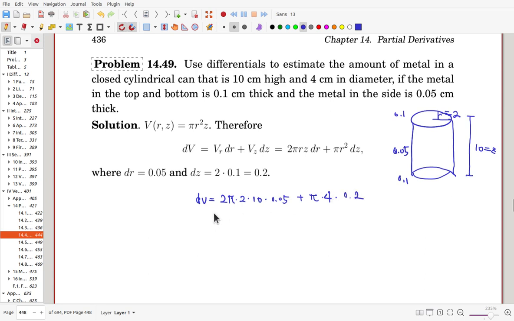Right? Okay. Now there's 1 over 20, so that cancels out. That portion is 2 pi plus 0.8 pi. So it is 2.8 pi. So that's the final answer.